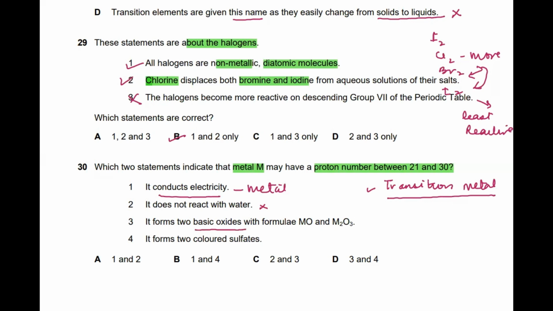It formed two basic oxides with the formula MO and M2O3, that shows they have a variable valency. So yes, variable valency is a special characteristic shown by the valence electrons. So 3 is correct. It formed two colored sulfates. Again, transition metal compounds are colored. So 3 and 4 are correct. So we have the D option correct here.